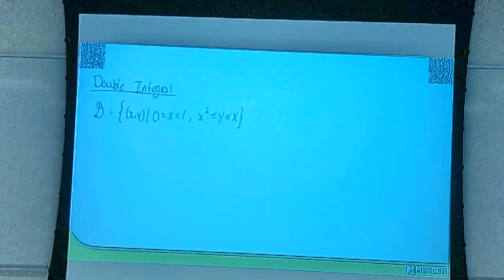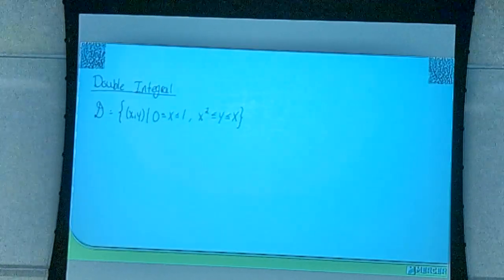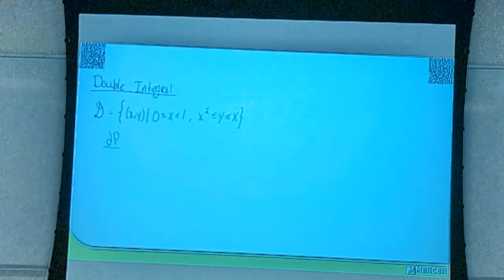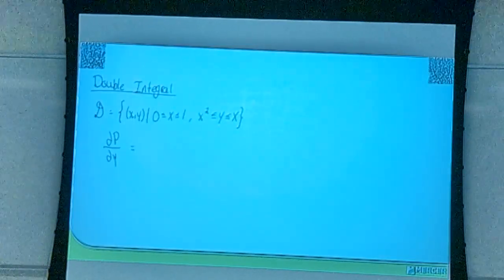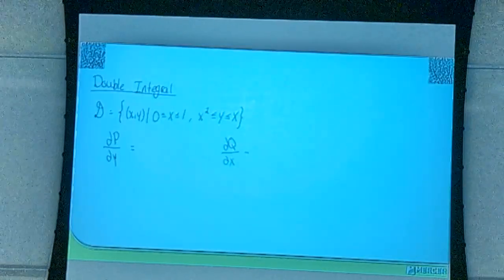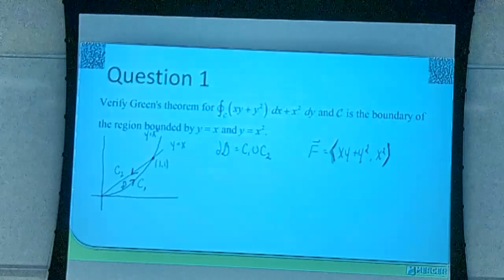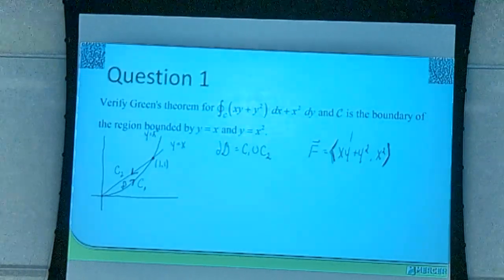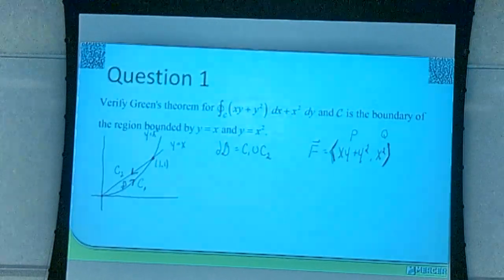Now we need partial p partial y, and partial q partial x. There's p, there's q.